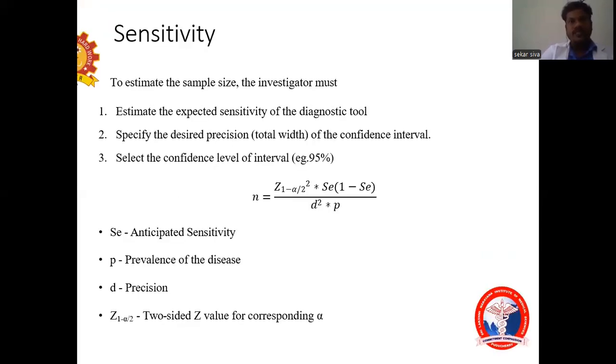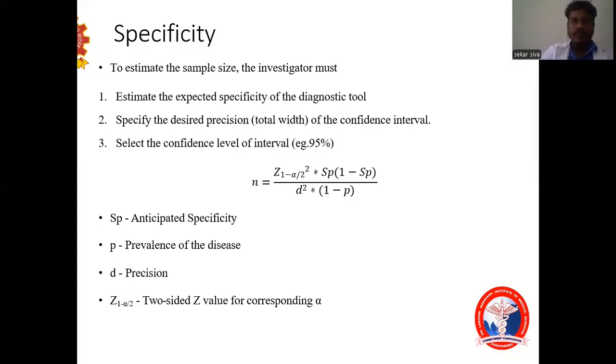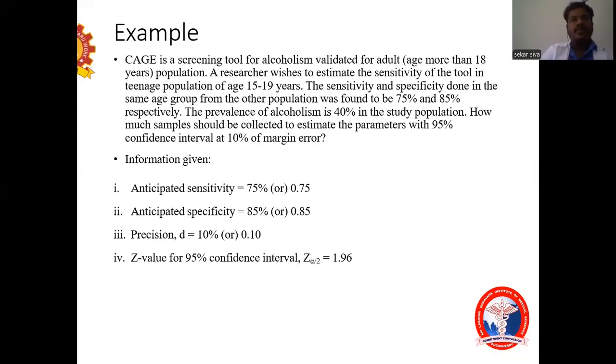And sensitivity: to estimate the sample size, we must anticipate sensitivity, precision, and the prevalence of the disease, and the two-sided set value for the corresponding alpha. And the specificity. For an example, AUDIT is a screening tool for alcoholism validated in adults aged more than 18 years. The researcher wishes to estimate the sensitivity of the tool in the teenage population of age 15 to 19 years. The sensitivity and specificity in the other population were found to be 75% and 85% respectively.